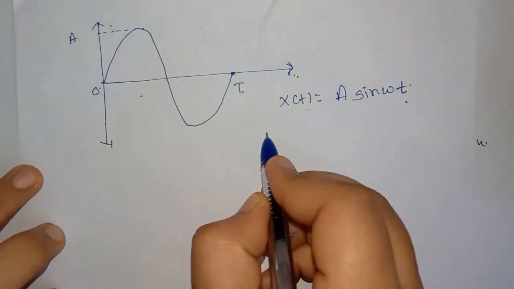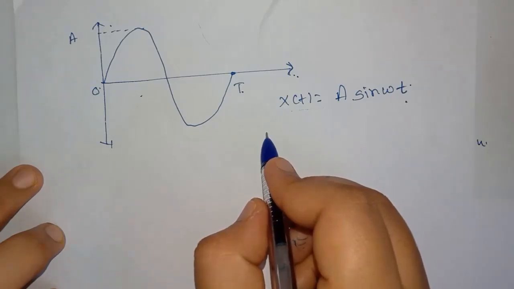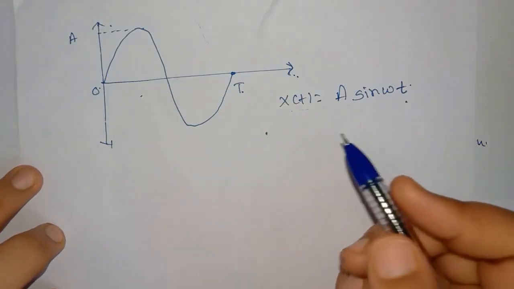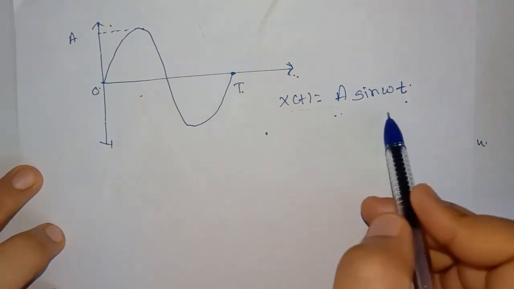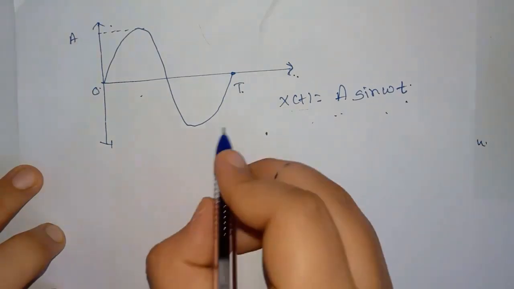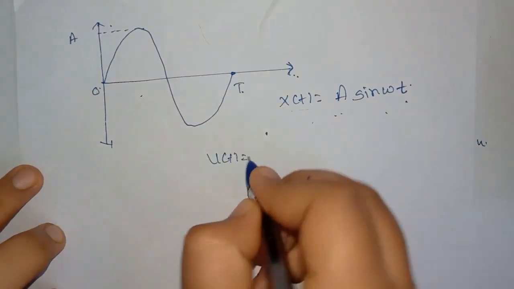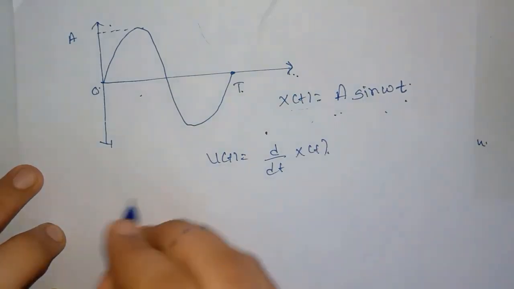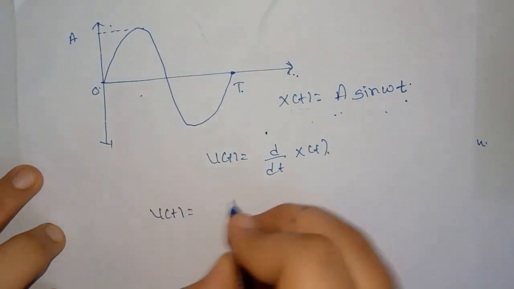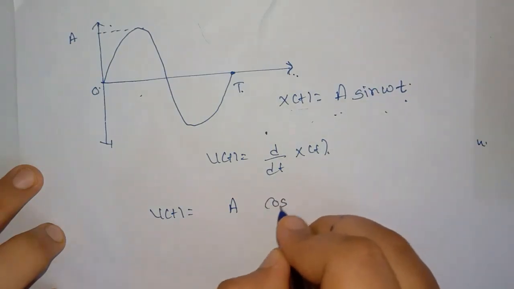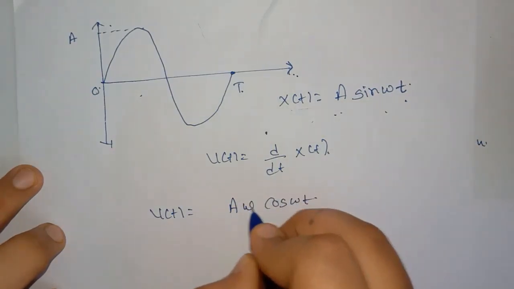Now, if we want to find whether the motion is SHM or not, we have to first find the acceleration. For that, we have to differentiate this position twice with respect to time. So v of t will be d by dt of x of t. So velocity will be equal to A, differentiation of sine omega t will be cos omega t into omega.